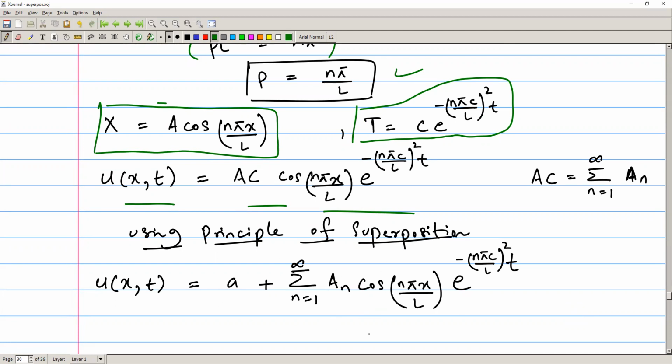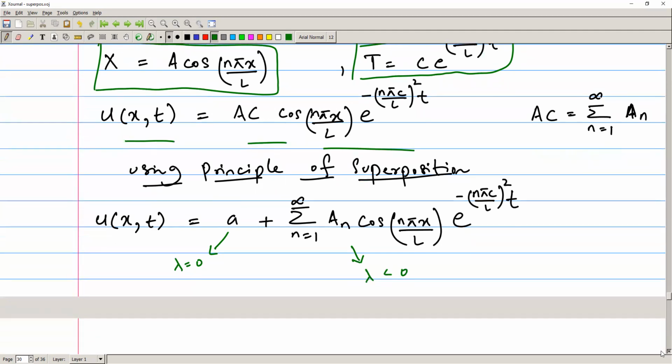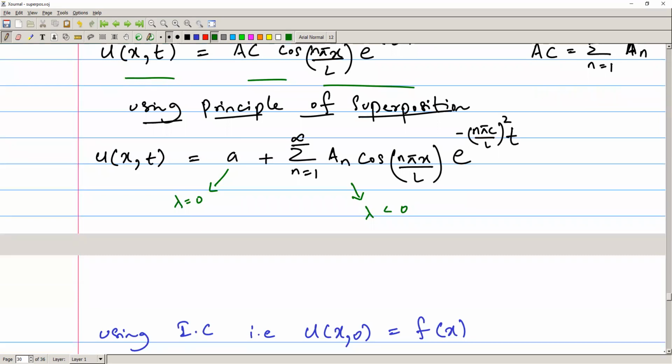We will add both the solutions. So here for lambda equal to 0 is the solution, and here it's for lambda less than 0. By superposition, we add both of these. So this is the general form of the solution.